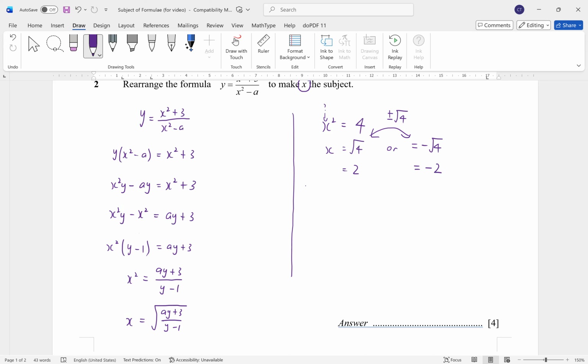Positive square root 4 for this answer, negative square root 4 for this answer. So what we need to add in here would be plus minus. Right? I hope you understand what has been going on so far. Do spend some time thinking about what has just been mentioned.